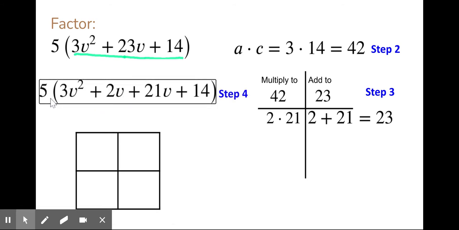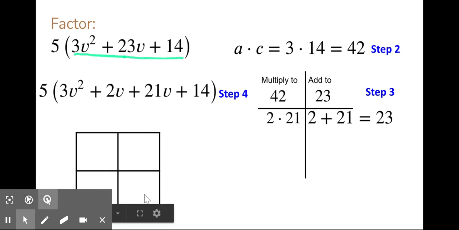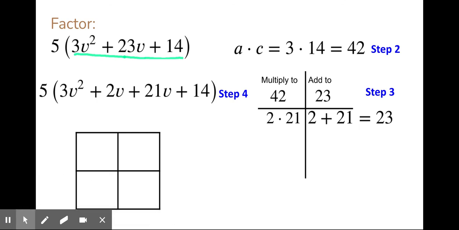So for the next step, I'm going to rewrite it as 5 times 3v squared plus 2v plus 21v plus 14. And then put everything into the box.